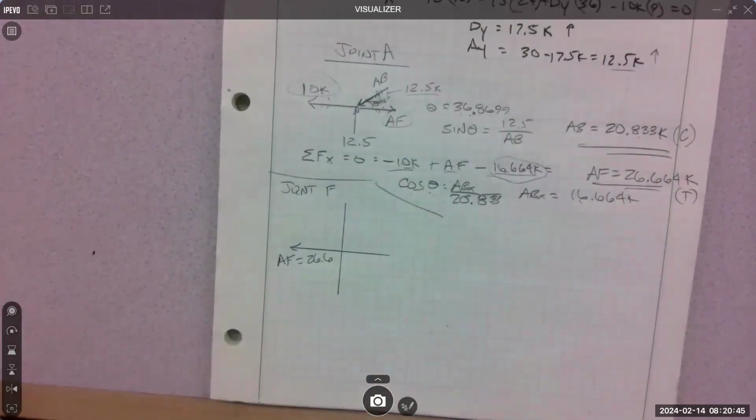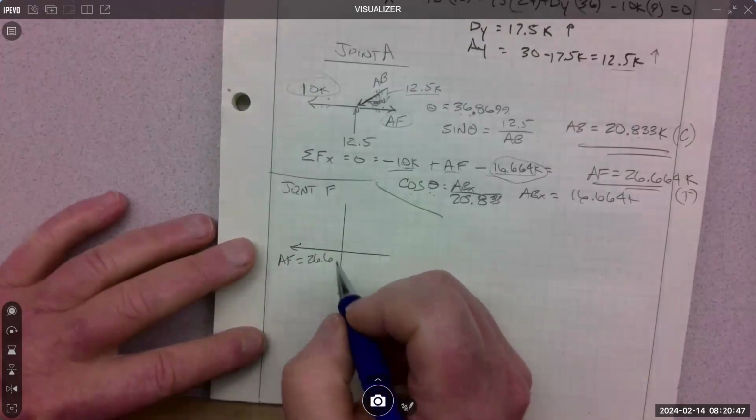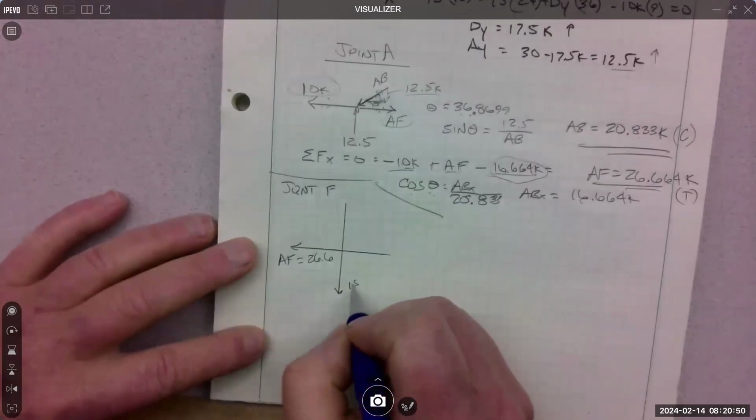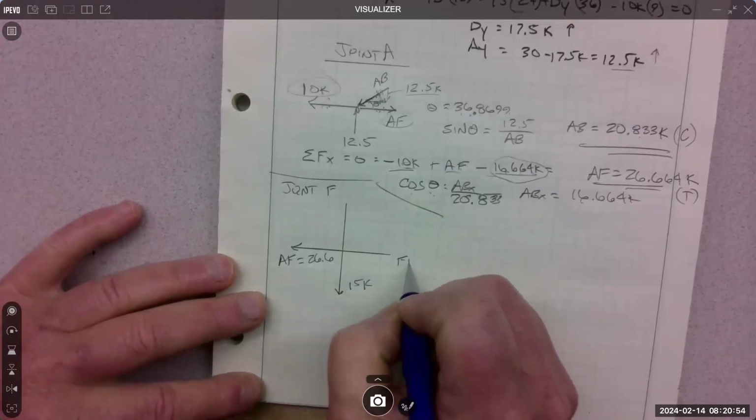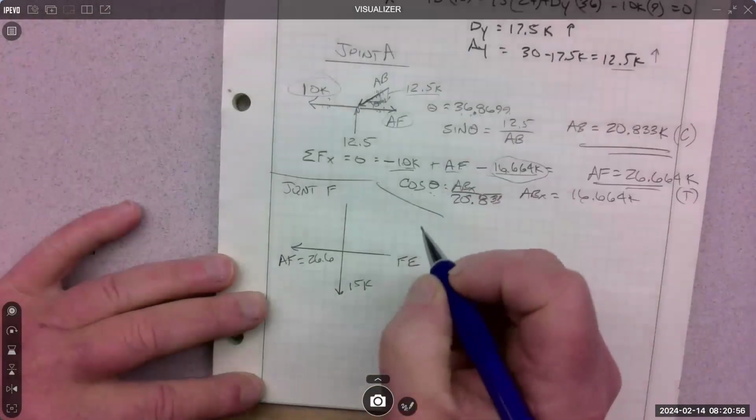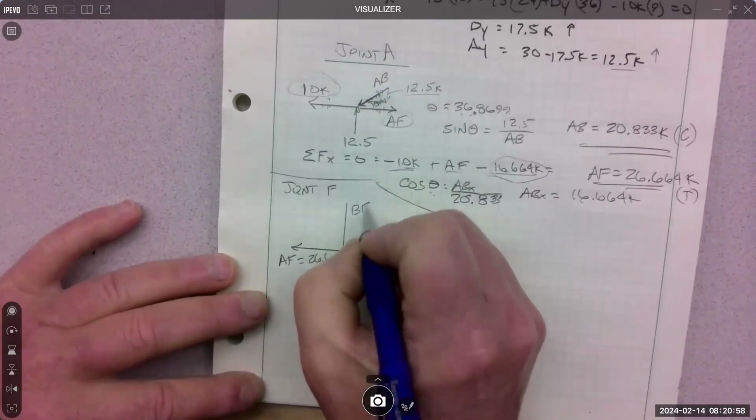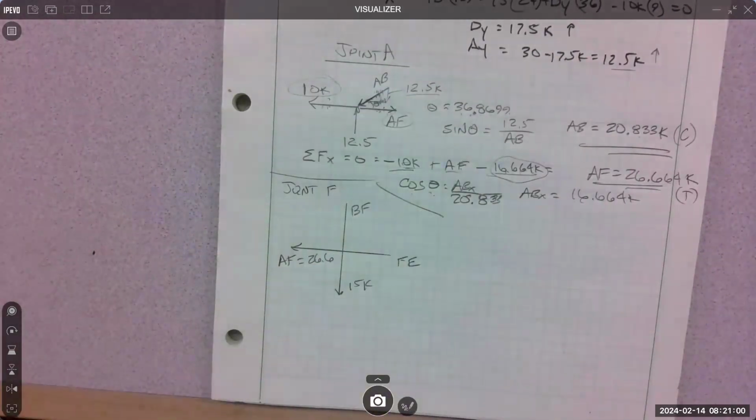You'd want to keep all the precision there. This is 15K down. This is FE. And this is BF. So joint F, super easy joint.